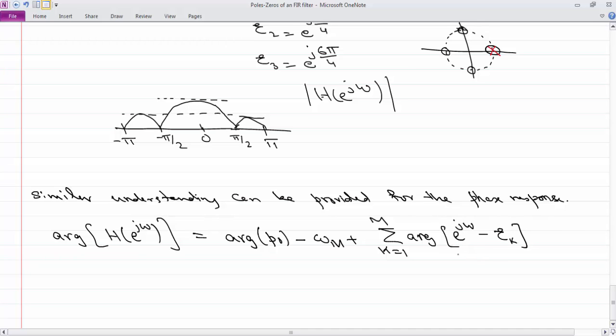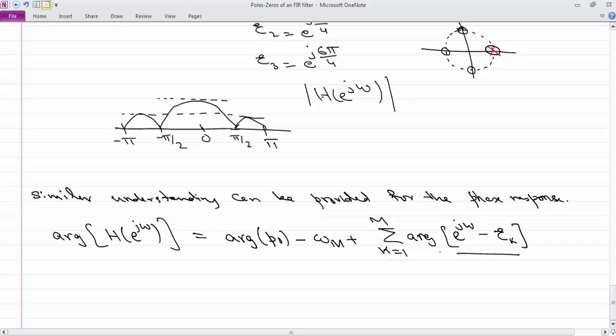Right? So these are the difference vectors from the frequency we are interested in to where the zero is. And you add up all those phases and you get your phase response.